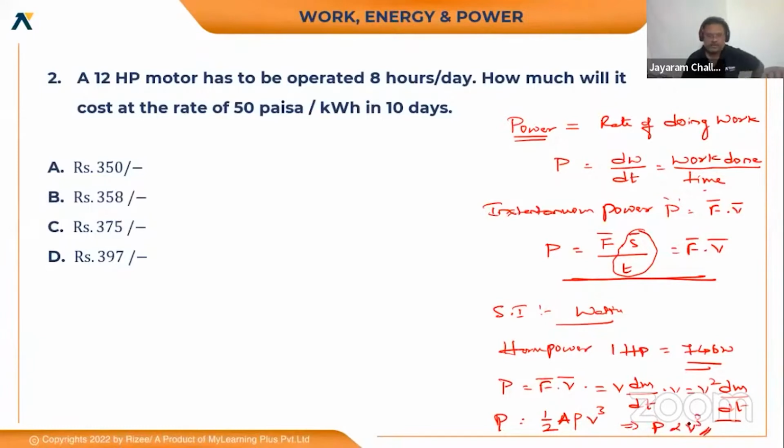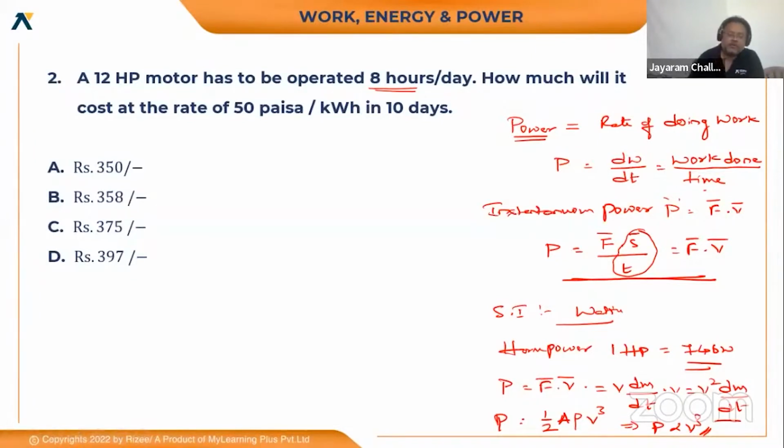Don't forget this relation. Now coming to this particular sum: a 12 HP motor has been operated 8 hours a day. So in a day, 8 hours, it is operated, it's a 12 HP motor. How much will it cost in 10 days, if 1 kilowatt hour is 50 paisa?